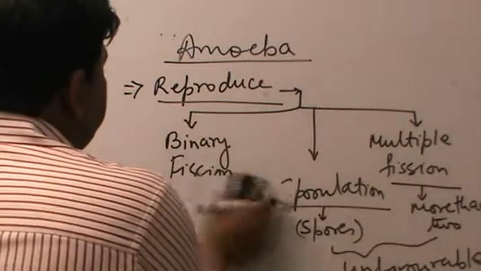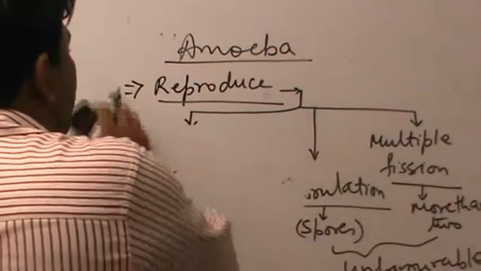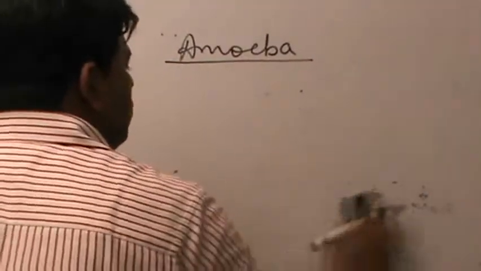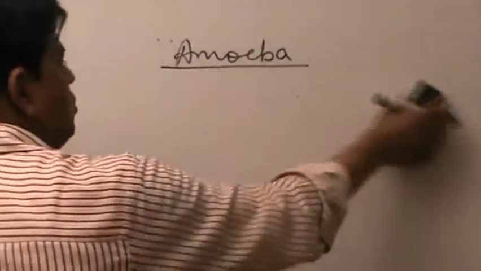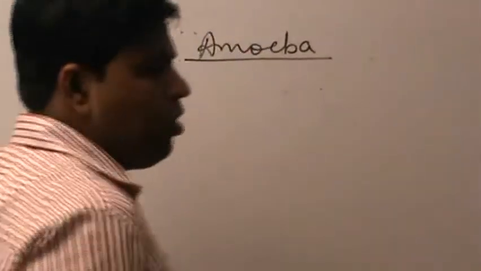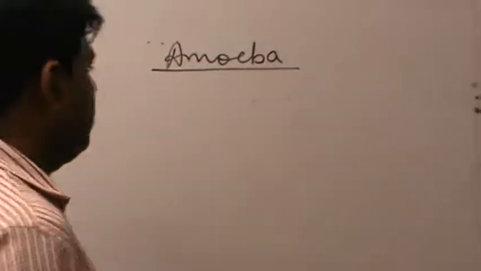So binary fission, sporulation and multiple fission are different types of reproduction. As we have seen, this does not have any fixed shape, so it moves with the help of pseudopodia, with the help of sol-gel conversion.